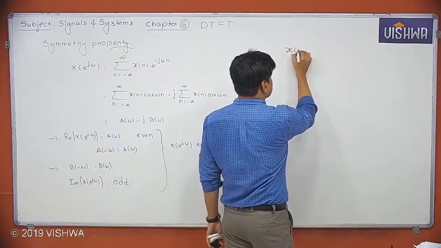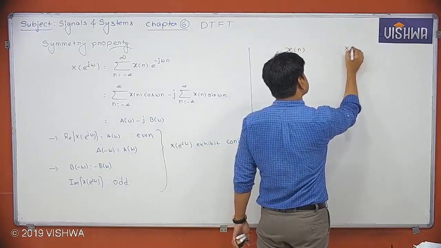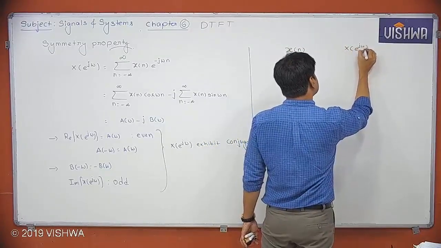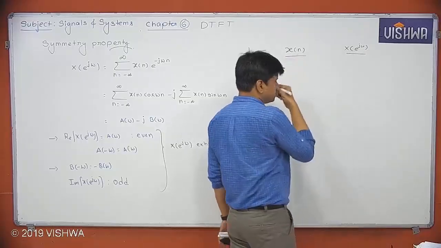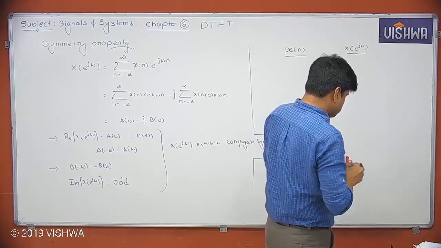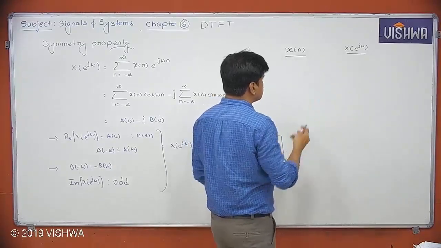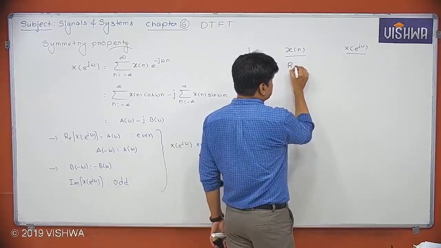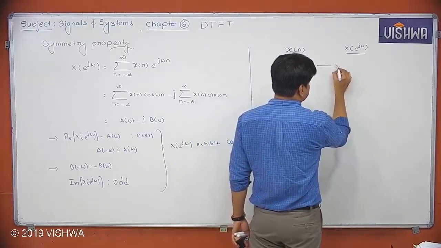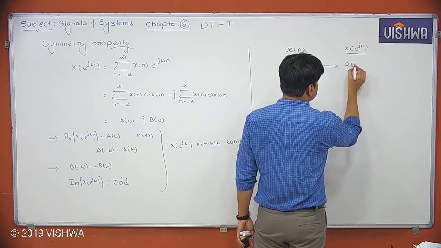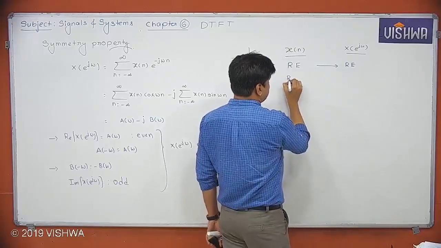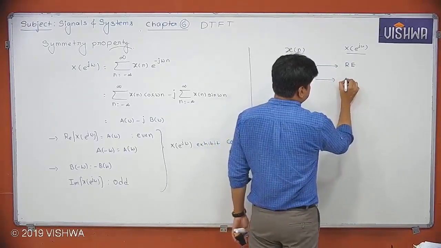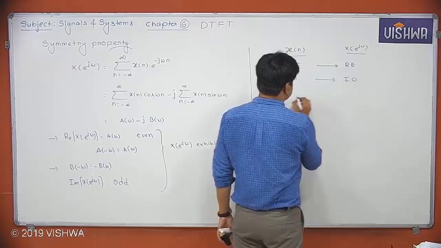Because it is exhibiting conjugate symmetry, we have a table relating x of n and X of e power j omega. This table will never fail. If in the time domain the signal is real and even, then in the frequency domain it is real and even. If it is real and odd, then it is imaginary and odd.